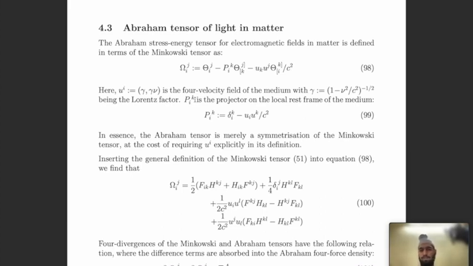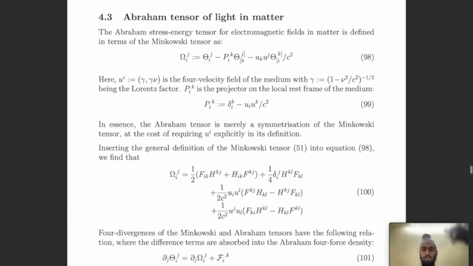So this projects any four velocity you have onto the local rest frame of the medium, and essentially this expression is symmetrizing the Minkowski tensor, but we've written it in terms of some more physical operations, in terms of the four velocity field of the medium, right?